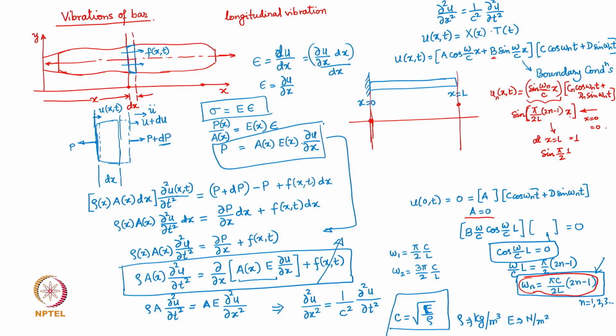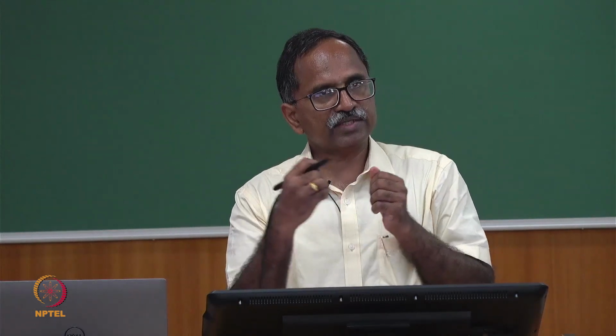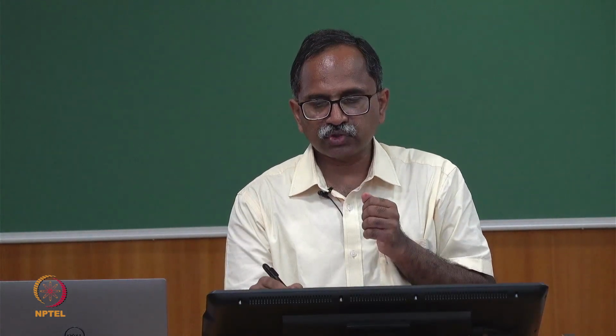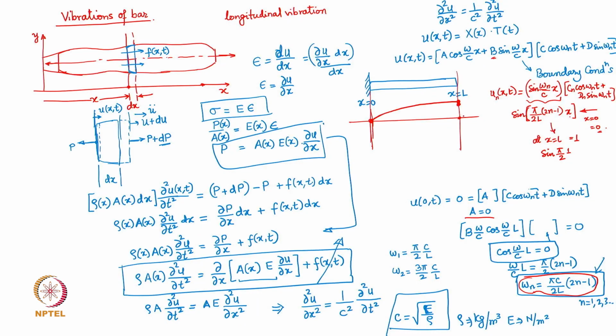From 0 to pi by 2, there will be no 0 value, right? The sine function changes from 0 to 1 as the argument goes from 0 to pi by 2. So the response, or the stretch in the bar, is going to follow this kind of mode shape. What will happen as the bar vibrates along the longitudinal direction? Although I have shown the displacement of each of these elements in this direction, actually the vibration is not lateral.